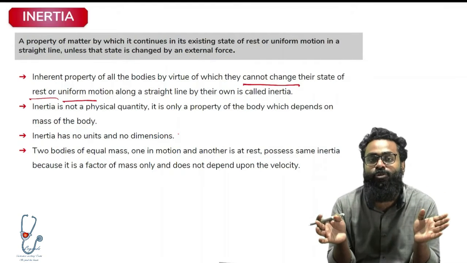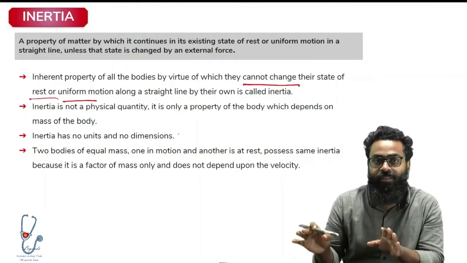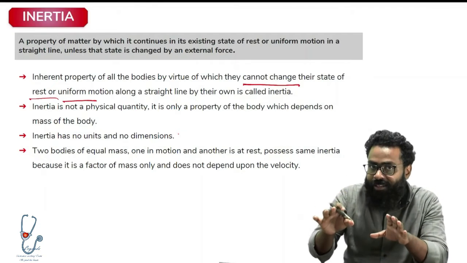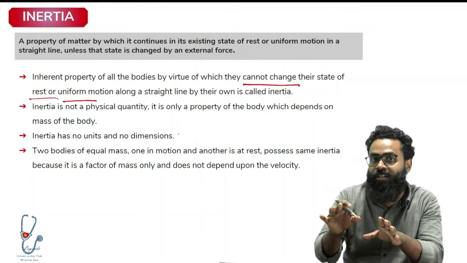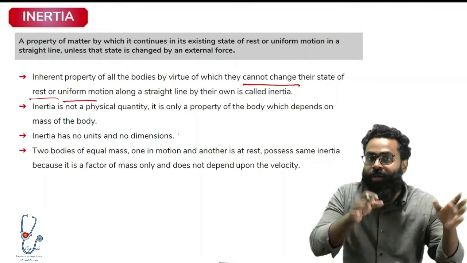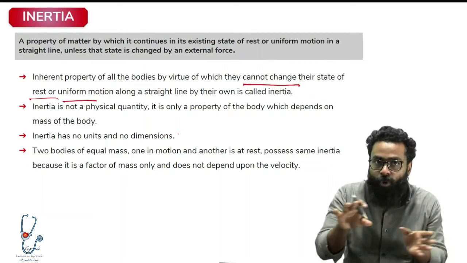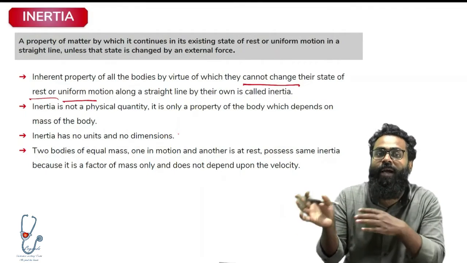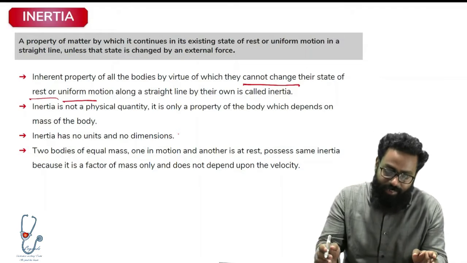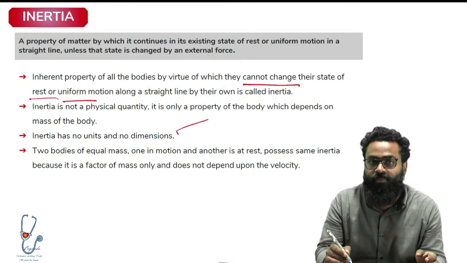It is an inability to change its position: if it is at rest, it cannot change its rest position, and in uniform motion, it cannot change that motion by itself. Clear? The next point is that inertia has no units and no dimension.